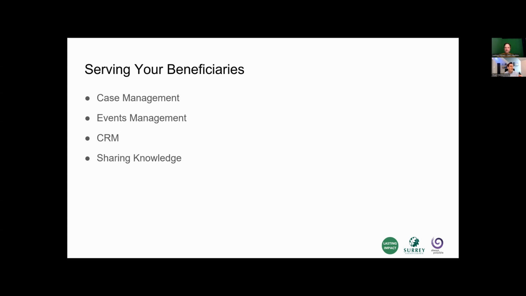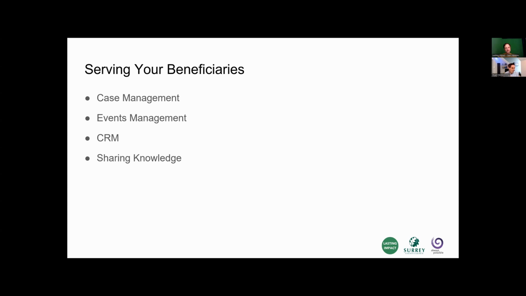I've given an example of some of the things you might be using technology for if you're serving your beneficiaries. Case management, by which I mean keeping track of the work you're doing with people. For example, I mentioned charities that work with people who need help with alcohol and drug related problems.